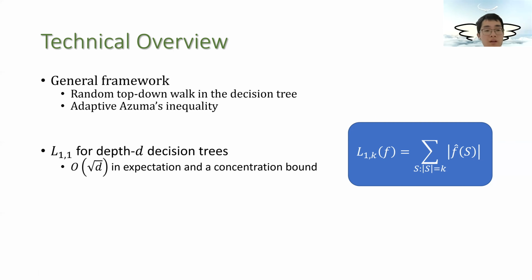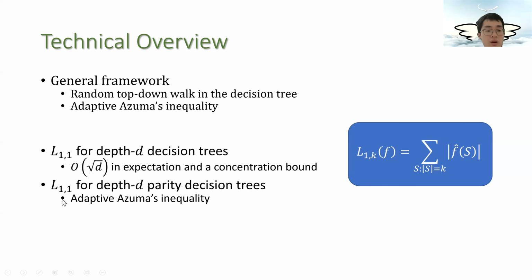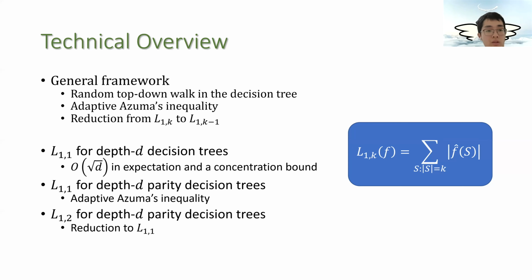The second idea is to use adaptive Azuma's inequality. To introduce this, I will show how to prove the level 1 bound for parity decision trees. The final step is a reduction from high levels to low levels. To illustrate that, I will show how to prove the second level Fourier sum for parity decision trees, and it will be a reduction to the first level bound.